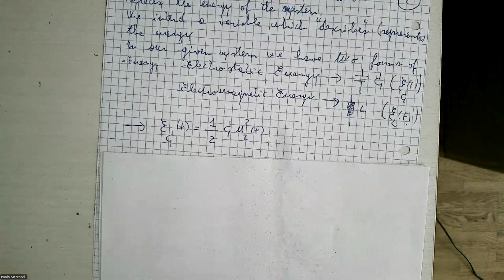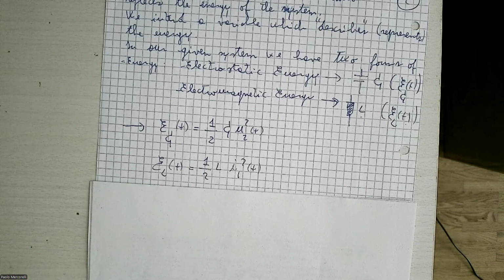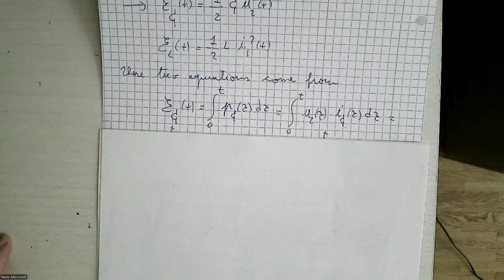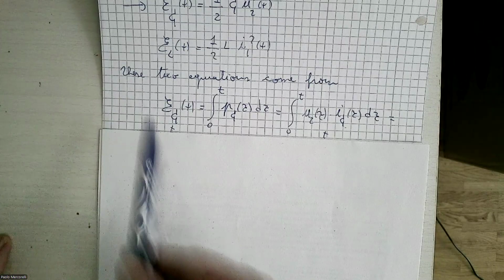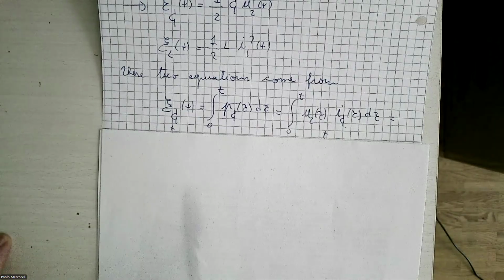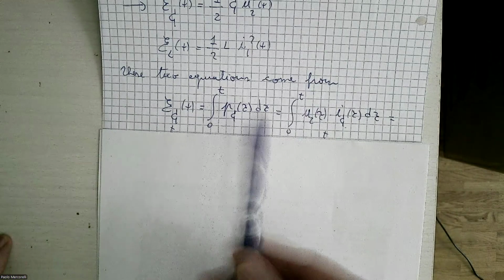This is the energy in the capacitance, and this is the energy in the inductance, or inductor, or capacitor, if you want. I don't know if you remember these two equations. If you don't remember, I have here quickly the demonstration. You know that the energy is always defined as the integral of the power.